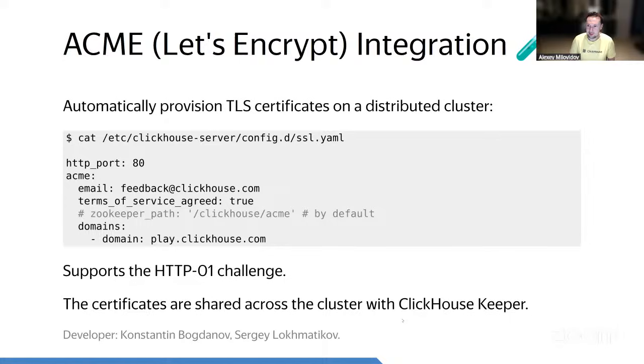And when you have a cluster, one server can request a certificate and other servers will share it. So even if you have different endpoint servers, one of them in the United States, another in Europe, another in Southeast Asia, they will exchange the certificates and all of them will be properly configured.